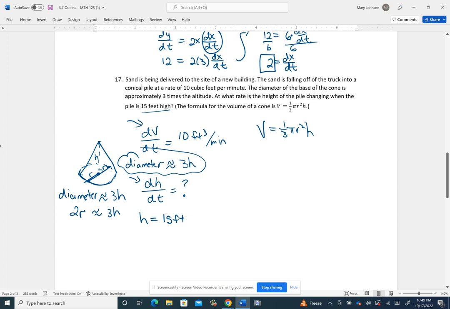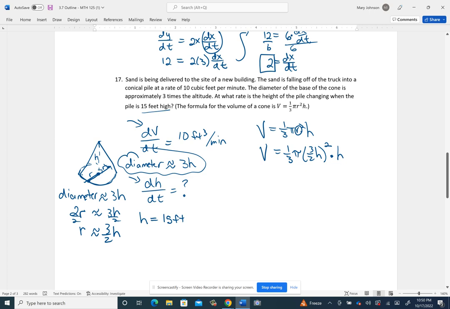So here's how I'm going to do it. I know the radius is about 3/2 your height. I just divided by 2 here to get that. So what that's going to allow me to do is to plug in 3/2 h right here for the r. So 1/3 pi (3/2 h) squared times h would equal my V. Now we've got a little cleaning up to do, and this problem can get a little messy.